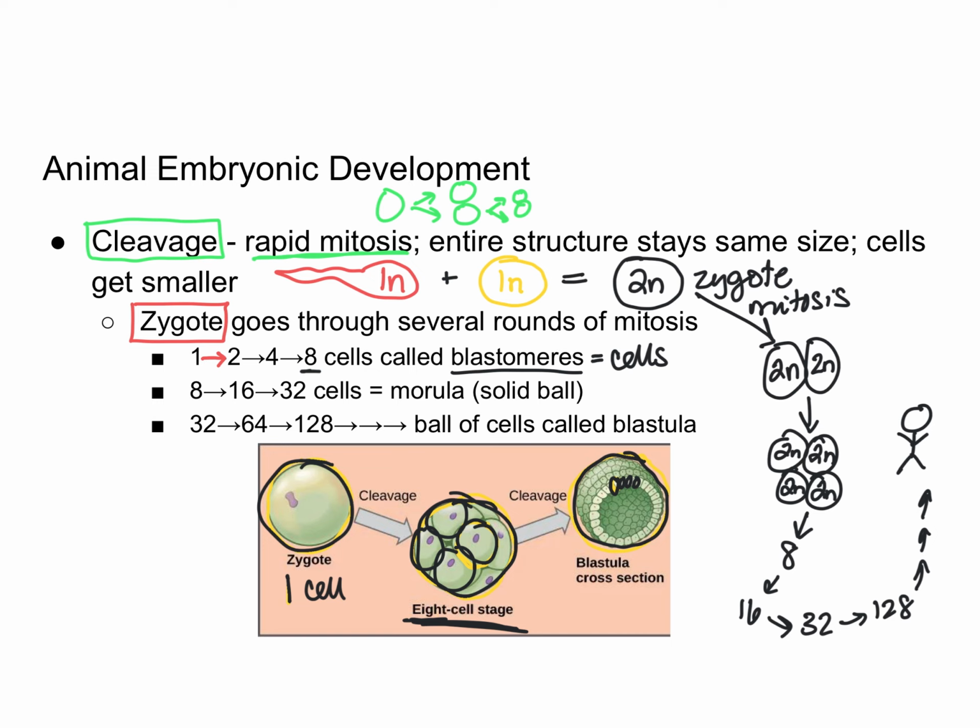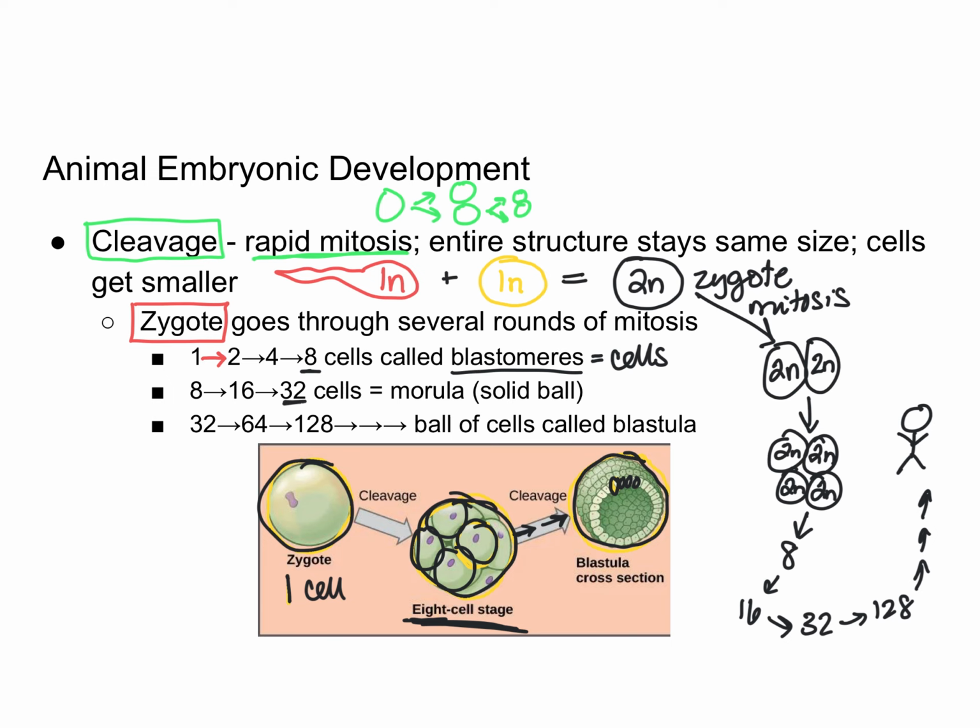Those 8 cells keep going through mitosis until they get up to 32 cells. And it ends up forming a solid ball of cells. It's not shown on this picture here, but it would be between this stage and the blastula stage. And so this morula is just a solid ball of 32 cells.